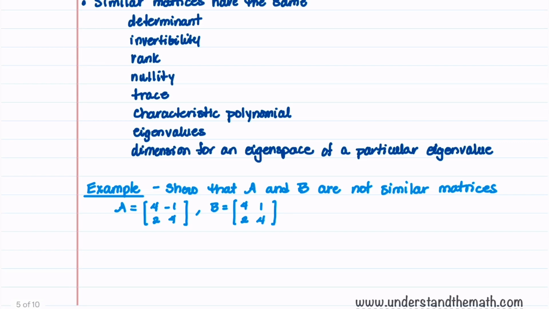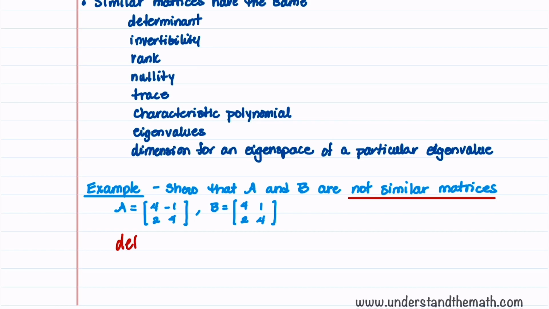Let's do an example where we're asked to show that A and B are not similar matrices. We can show this a lot of different ways by looking at the properties and calculating those properties for each matrix. I think the determinant is probably the easiest. So let's find the determinant of each of these matrices.